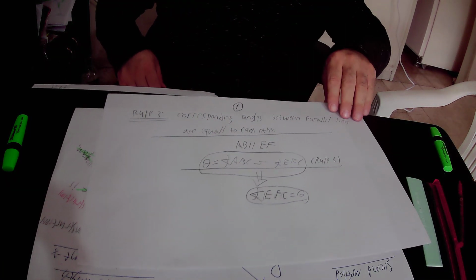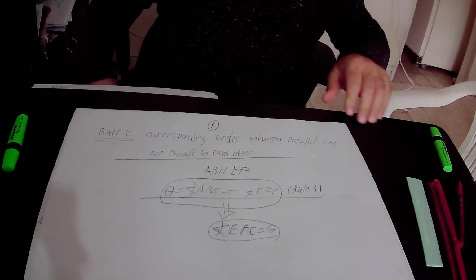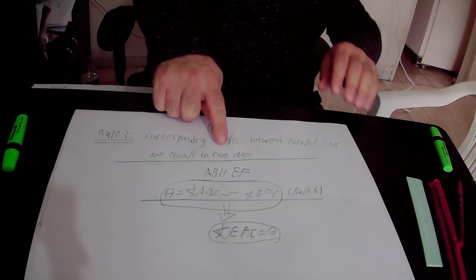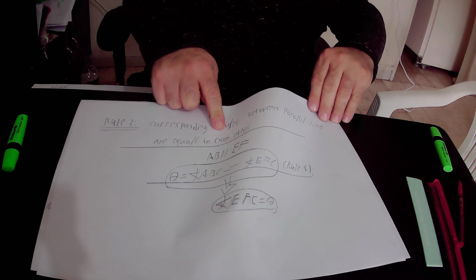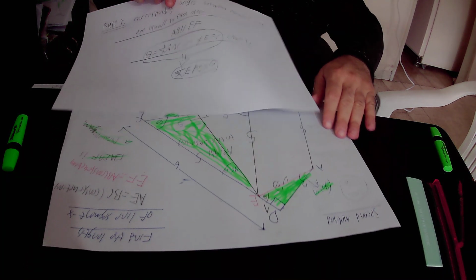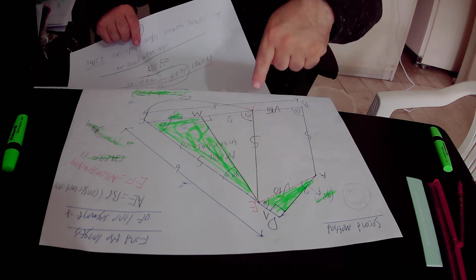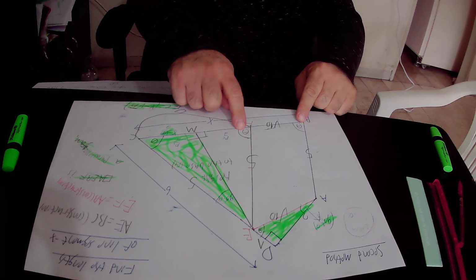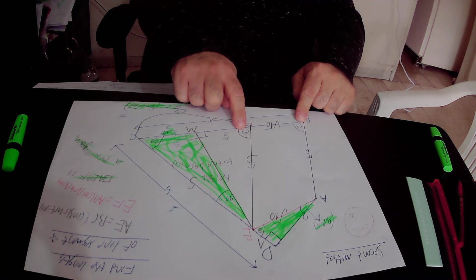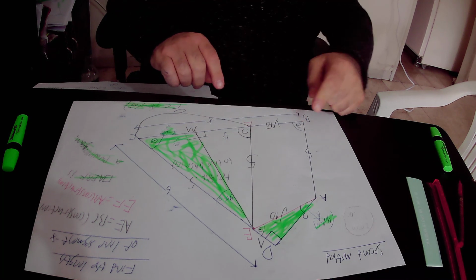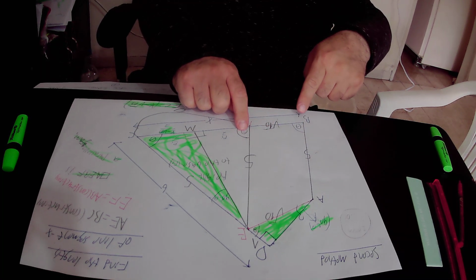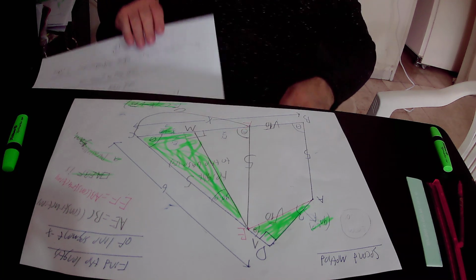Then I presented to you rule number 3. According to rule number 3, corresponding angles between parallel lines are equal to each other. Here, AB is parallel to EF according to our construction. Therefore, those two angles that are defined as corresponding angles will be equal to each other according to rule number 3. Why? Because they are located between the parallel lines AB and EF, therefore they will be equal to each other.